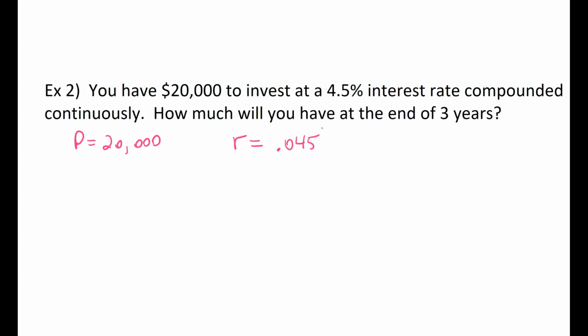And we are looking at the end of T equals 3 years. All right, and so we'll just plug that in to our PERT formula. A is equal to 20,000 times E raised to the 0.045 times 3.